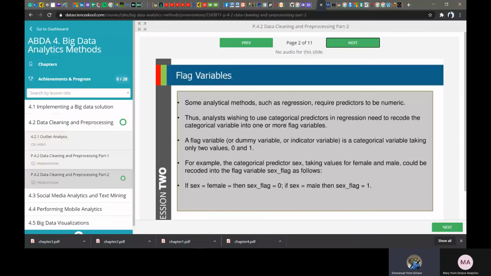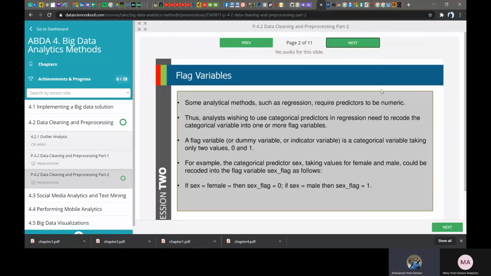So moving forward, talking about flag variables. Some analytical methods such as regression require predictors to be numeric, that's your x's. So analysts wishing to use categorical predictors in regression need to encode the categorical variable into one or more flag variables. A flag variable, or dummy variable, or indicator variable, is a categorical variable taking only two values, 0 and 1.